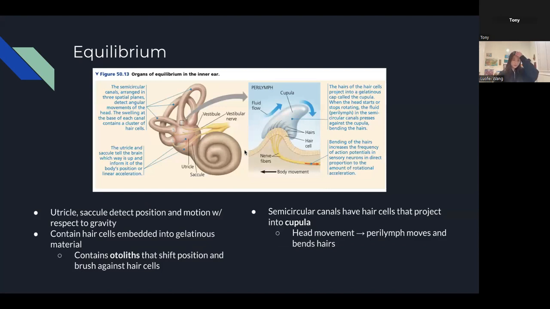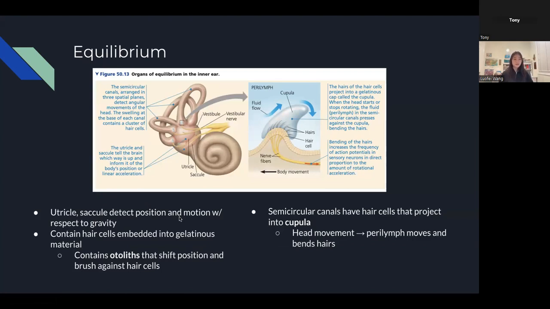Equilibrium is detected by the semicircular canals. The utricle and the saccule detect position and motion with respect to gravity, and they contain hair cells embedded in a gelatinous material that contains otoliths, which are basically ear stones, that shift position and brush against the hair cells.